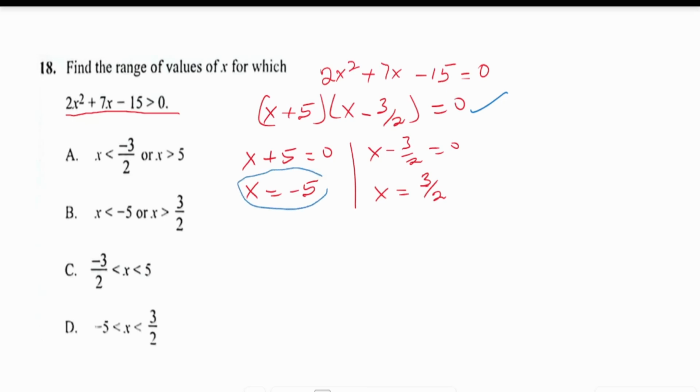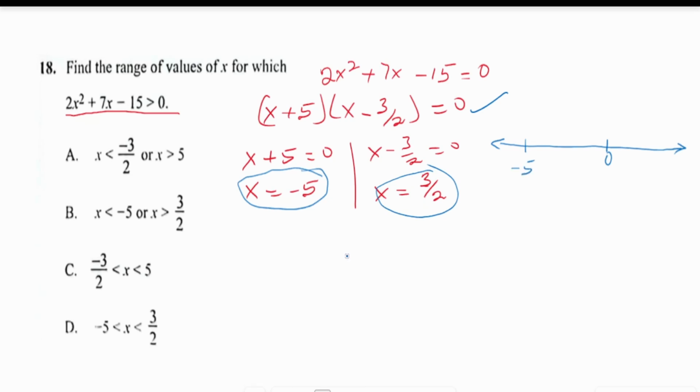These answers here mean that we have a quadratic graph with -5 and 3/2 or 1.5 as the boundaries, or the x-intercepts of the graph. So let me try sketching that here. I have this as a number line, and then let me have 0 here, and I'll have -5 here.